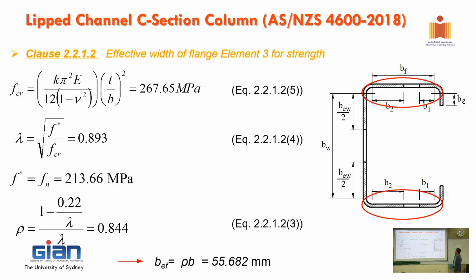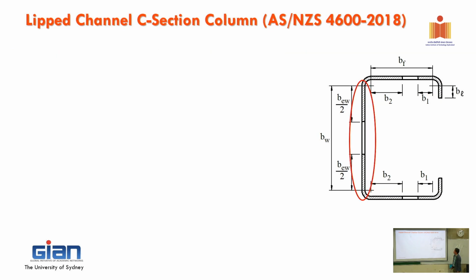Right, so now we get the effective width of the flange, and now we need to calculate the effective width of the web. And the web now is simple, isn't it? Because you can see here, this is the web, and it is simply supported because it's got those quite large flanges to support it.